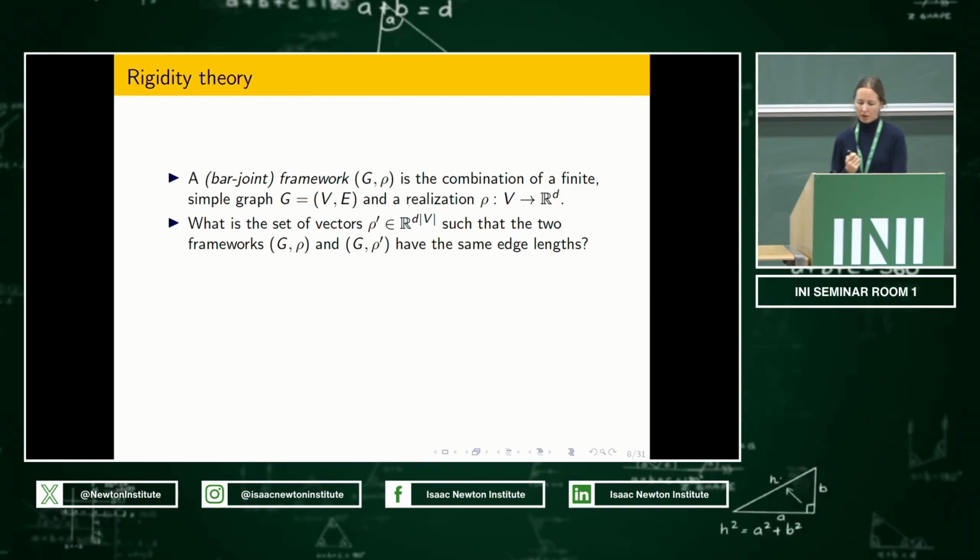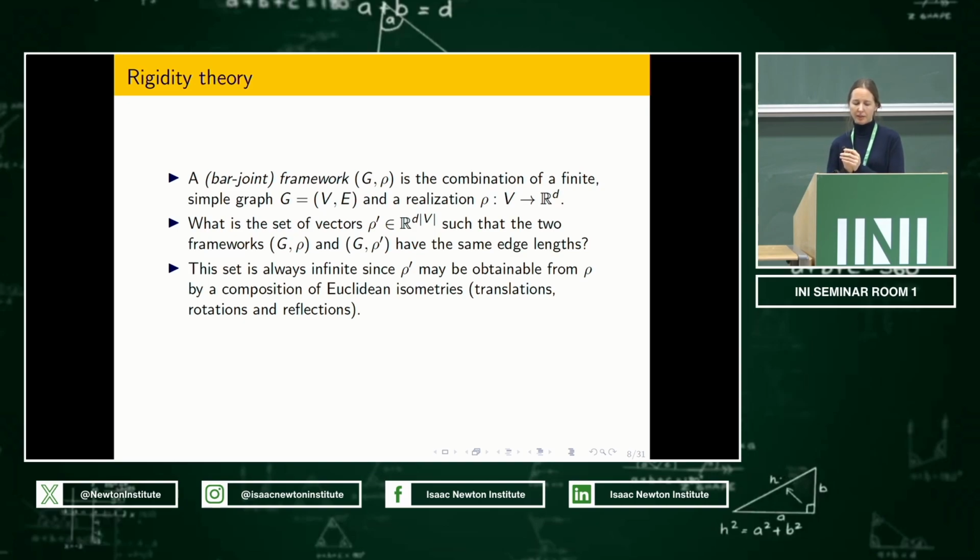Okay. So first, this set is always infinite because ρ prime might be obtainable from ρ by a composition of Euclidean isometries. So if you apply translations, rotations, and reflections, then we get a different realization.